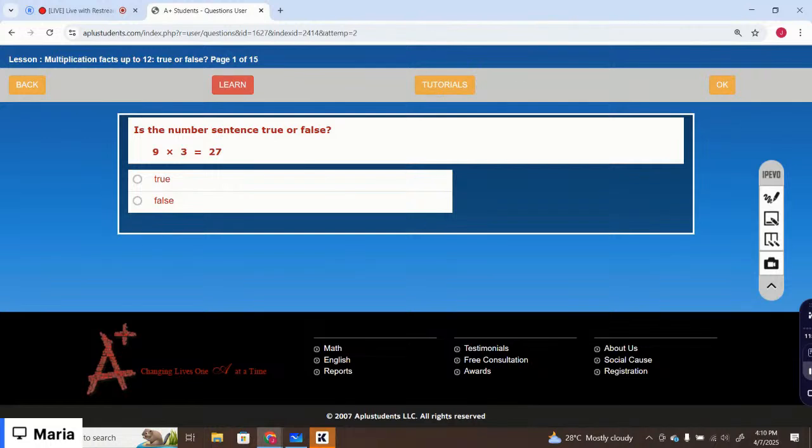Is the number sentence true or false? 9 times 3 is 27. True or false?